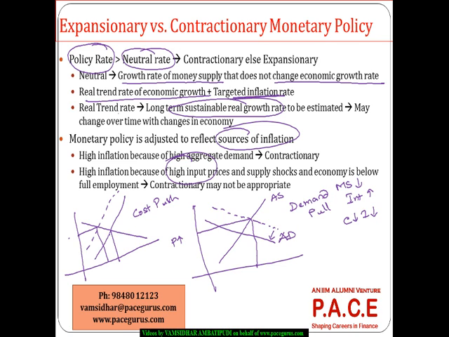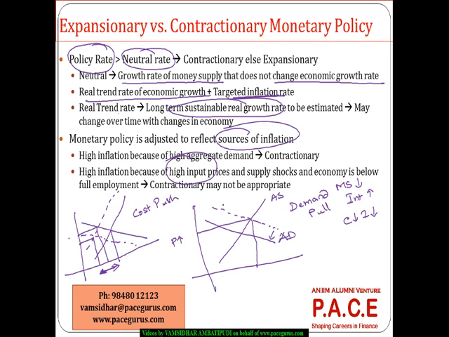Now, in this case, if the country tries a contractionary policy, yes, the aggregate demand has to come back. We could see that if the aggregate demand is coming down, it is able to bring down the prices, but it is still bringing down the economic growth. The economic growth and the employment level of the country are getting hampered, whereas here that's not the case.